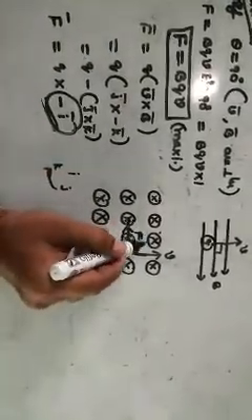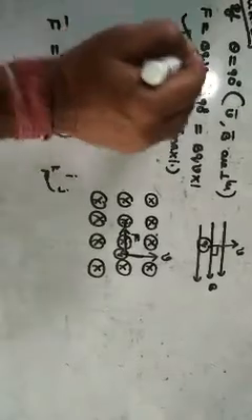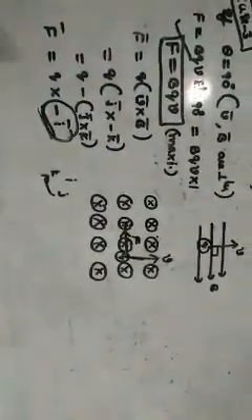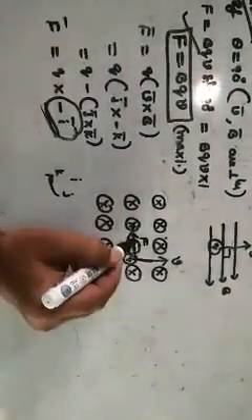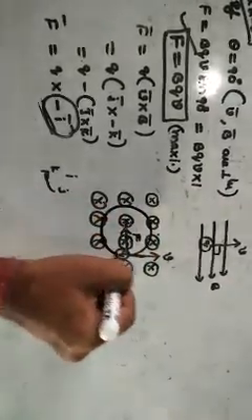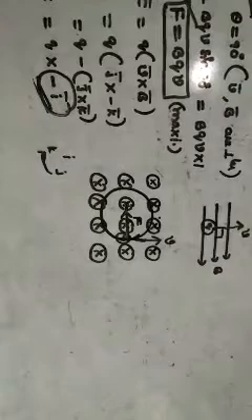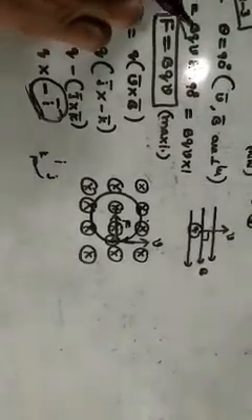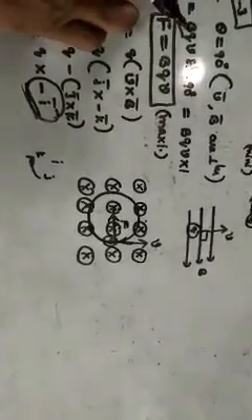This force behaves like a centripetal force. Very important point: the force which is acting towards the center is known as centripetal force. Hence the charged particle is revolving in a circular path, and this force is behaving like a centripetal force.